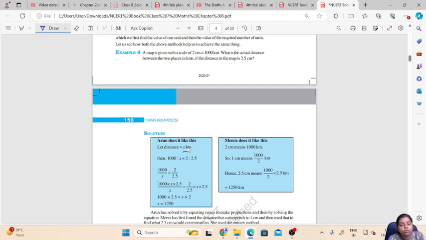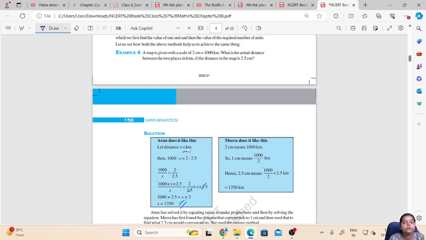So if we multiply this, we take x on one side and this 2 gets divided over here, and the answer that will come is equal to 1250. So the distance for 2.5 centimeter is 1250 kilometer according to Arun.